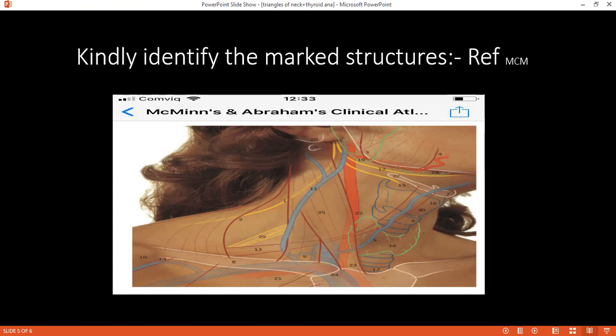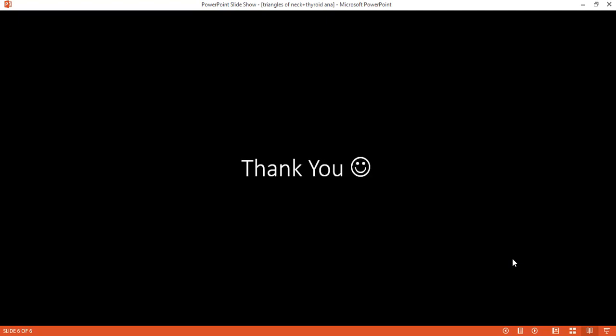Very good. Yes, because the pretracheal fascia is connected to the fascia of the neck and moves up and down with deglutition and the muscles of deglutition. Very good. Excellent.